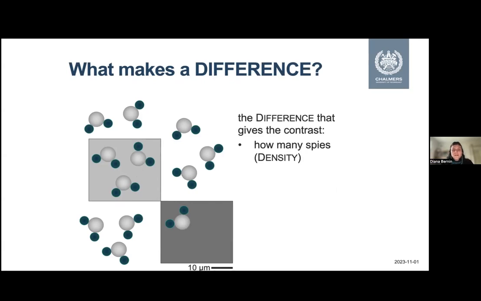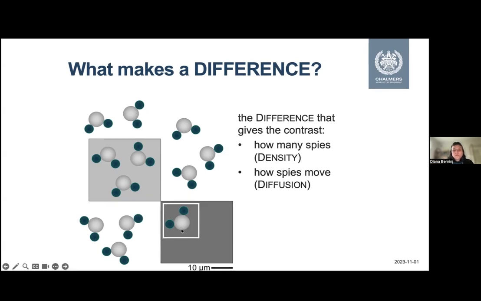For those that are used to or have been running NMR before, we know that we can also run diffusion with NMR. And we can do the same also with MRI. And here I have indicated a water molecule, which is confined in another square. So it cannot move out of this square.